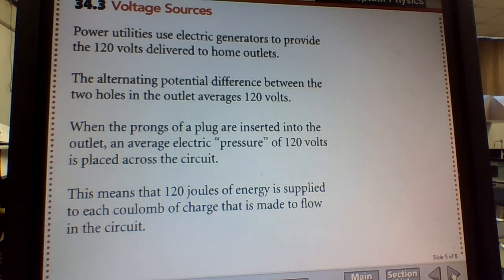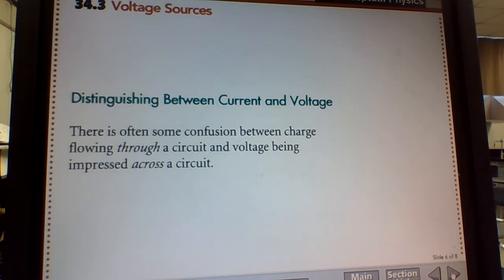And so when you put the prongs of the plug in, basically you get this electric pressure of 120 volts that pushes the electrons through the circuit. And this means that 120 joules of energy would be supplied to each coulomb of charge that is made to flow in the circuit. Again, we saw that back in chapter 33.